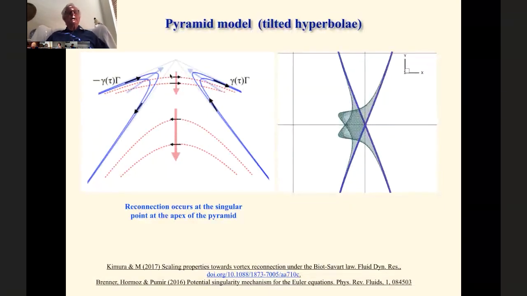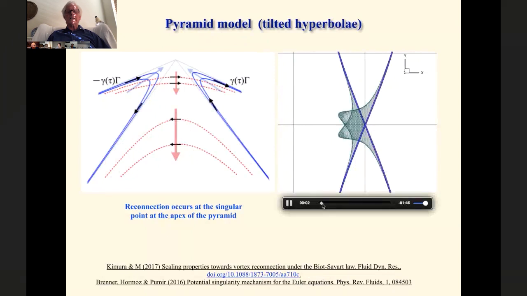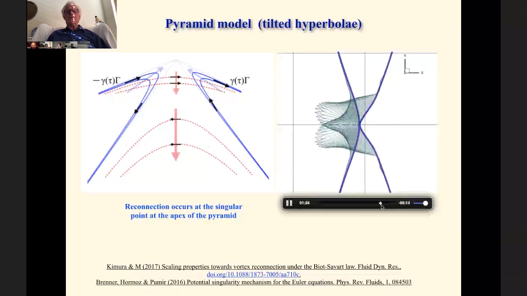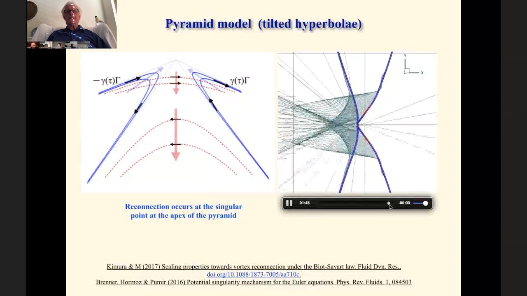And they reconnect, and the reconnected strands, shown here in red, then propagate away from the vertex of the pyramid. So that's what we describe as pyramid reconnection. And again, it's shown rather differently here, but looked at from a different angle. The velocities increase and become singular at a finite time.